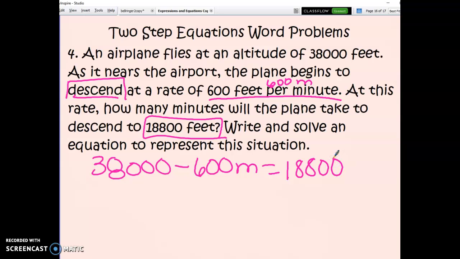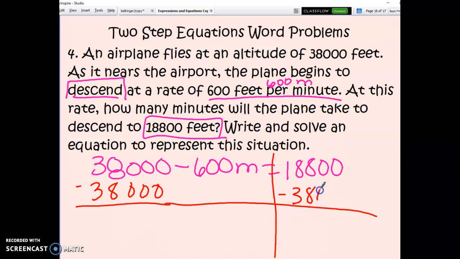The first thing we are going to do is subtract 38,000 from both sides. That leaves me with negative 600m, and then I have 18,800 minus 38,000, which gives me negative 19,200.